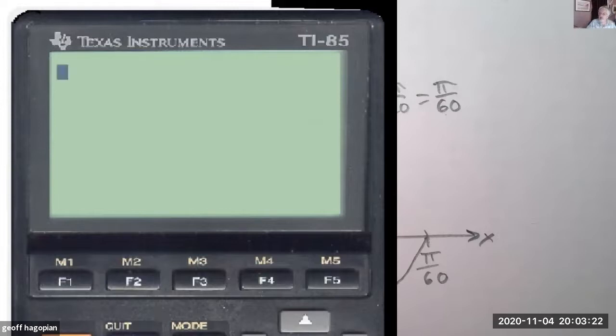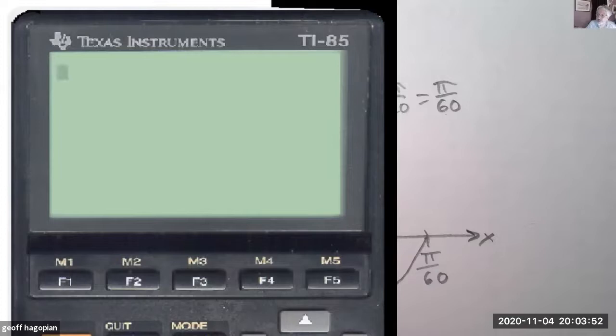And I'm going to say y equals. And that button is somewhere. Sorry. Been a while since I used this calculator. I used to know it like the back of my hand, but there's so many different calculators out there. Is it like F1 or something?